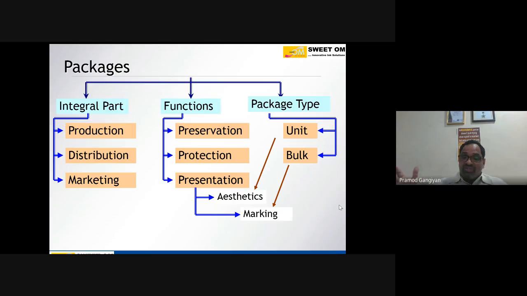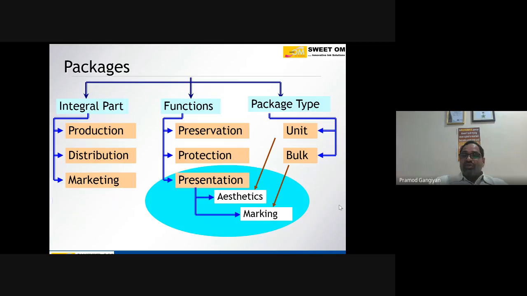But the corrugated box, in which we are packing all those things, just marking is important. What is inside it, what is the weight, which side is to be kept on top and which is to the bottom. Okay, so aesthetics and marking. So this is basically the role of coatings. So coatings come in presentation as well as sometimes for protection, but the major role is in presentation.